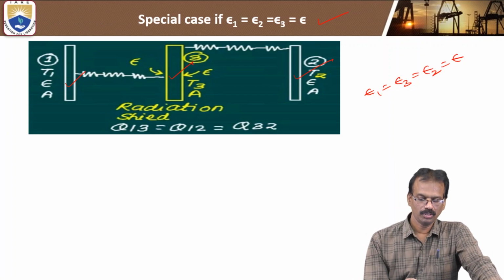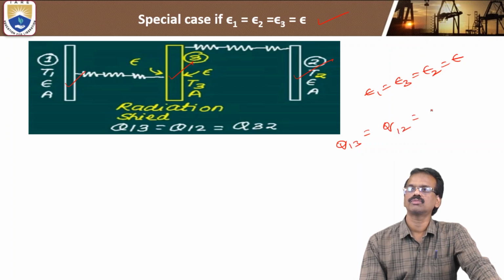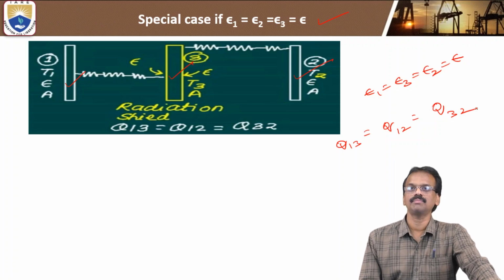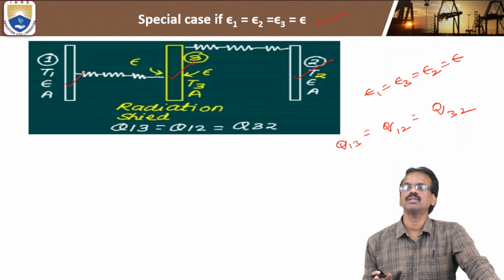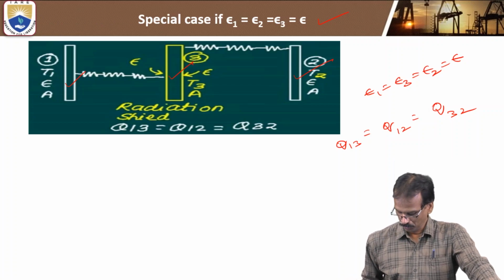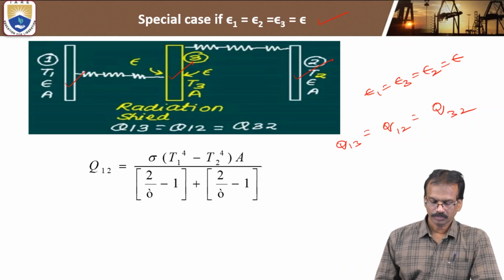Here we know that Q13, the rate of heat transfer between 1 and 3, is equal to the rate of heat transfer between 1 and 2, which is equal to the rate of heat transfer between 3 and 2. So the rate of heat transfer is the same between two surfaces, or surface and shield, or shield and surface.